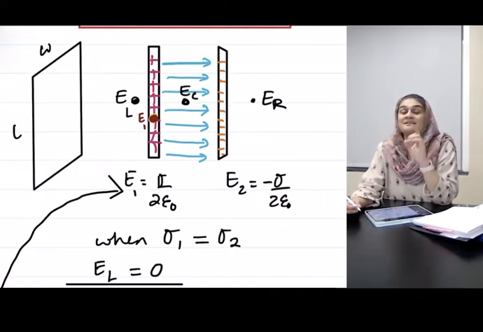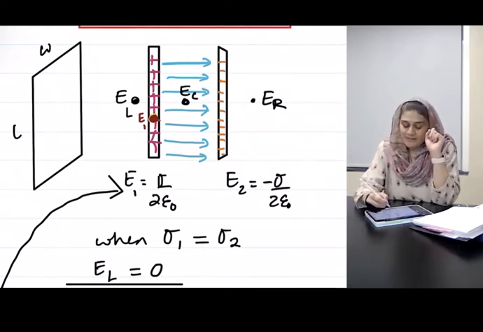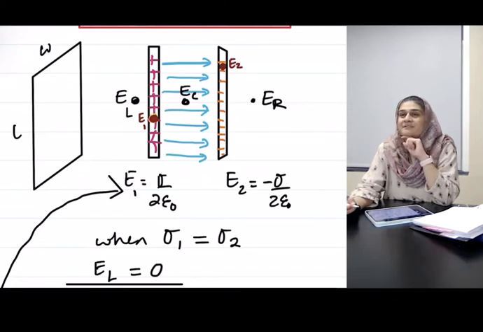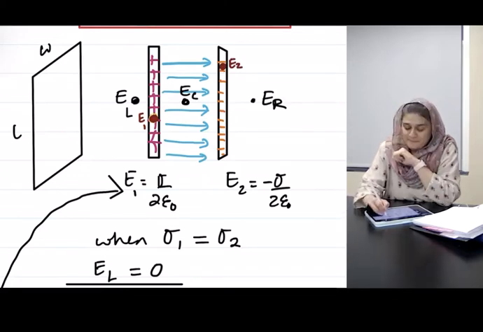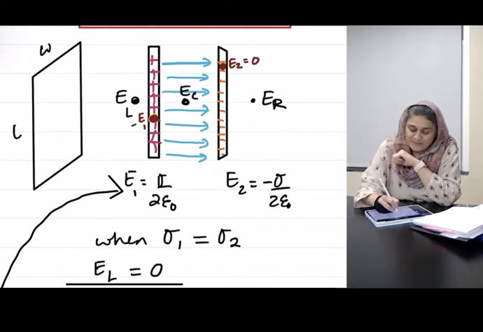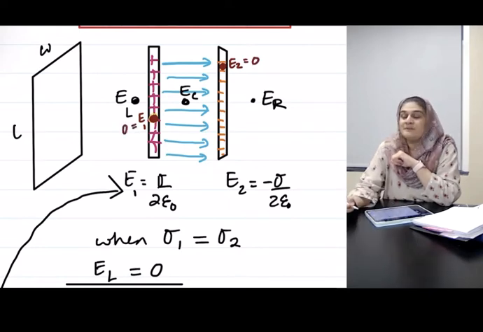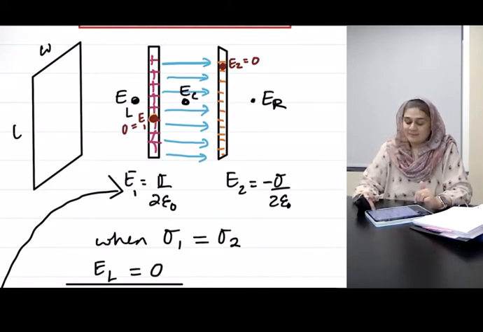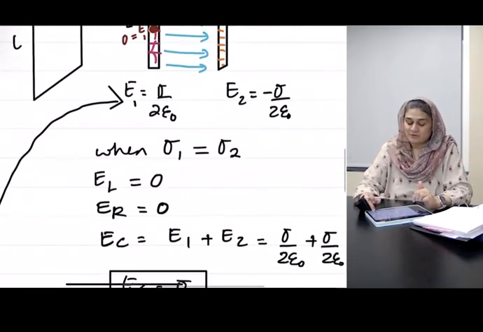Remember, charge resides only on the surface of the conductor. Inside, it will be 0. What is the E field at this point, E2? Inside the negative, 0 again. Very good. So E1 will be 0 and E2 will be 0. And this only holds for when sigma 1 is equal to sigma 2.